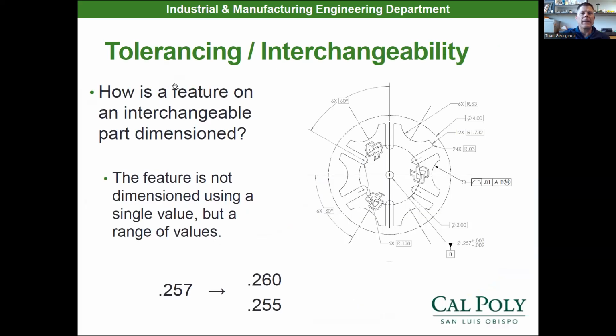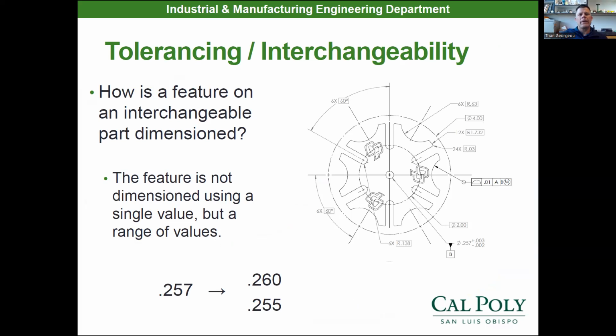So we're going to learn about the different types of fits and how tolerancing and interchangeability works this week in lab. And then we're going to figure out all the different allowance and clearance values in our assembly for homework. And we're going to come back next week and start machining parts. So week 1's more of a little bit of design analysis for assemblies here.